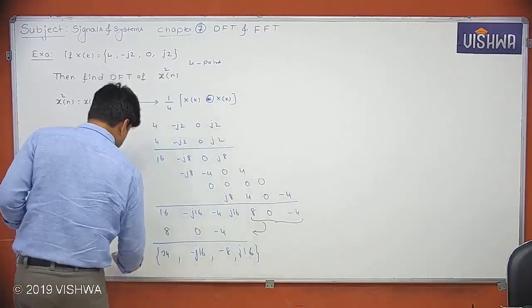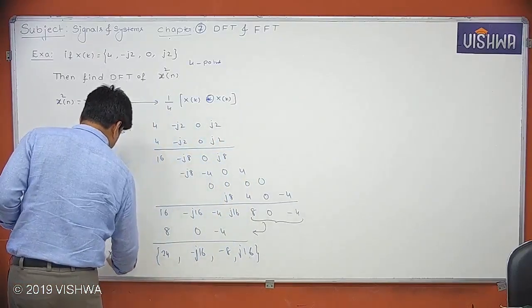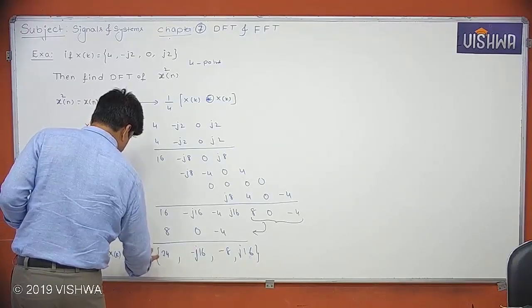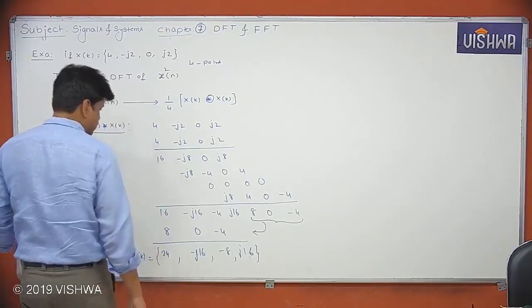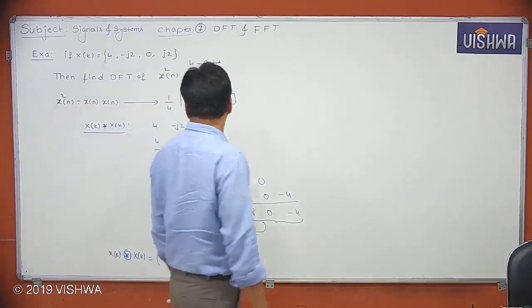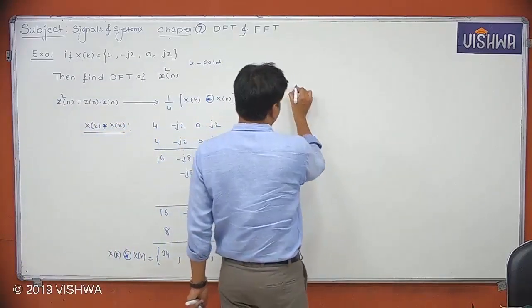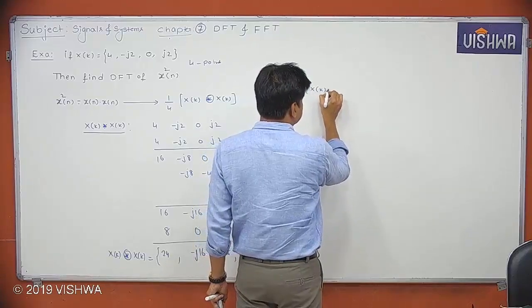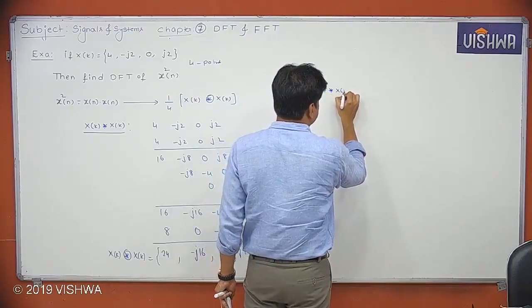So this is X of k circular convolution with X of k. But what we require actually is 1 by 4 times X of k circular convolution with X of k.